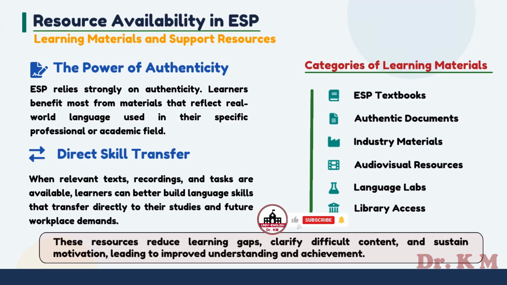Learning materials include ESP textbooks, authentic documents, industry-specific materials, audiovisual resources, language labs, library access. Learning materials and support resources reduce learning gaps, clarify difficult content, and sustain motivation, leading to improved understanding and achievement.